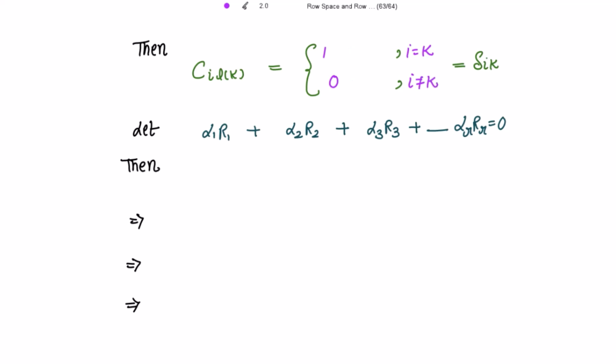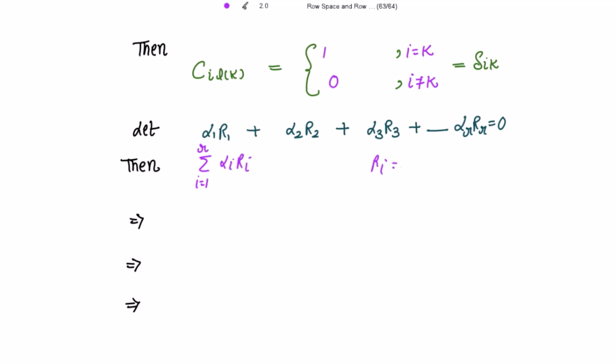This is also denoted as the Kronecker symbol, delta_ik. Then let's write the linear combination of the non-zero rows with the scalars alpha 1, alpha 2, alpha 3 up to alpha r, right? Writing this in summation form, i going from 1 to r, alpha_i R_i.